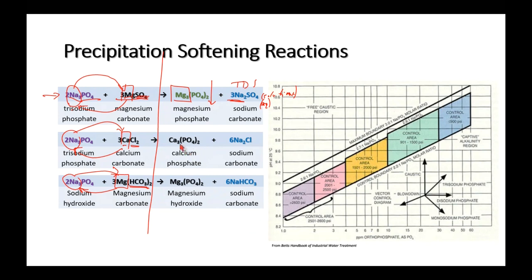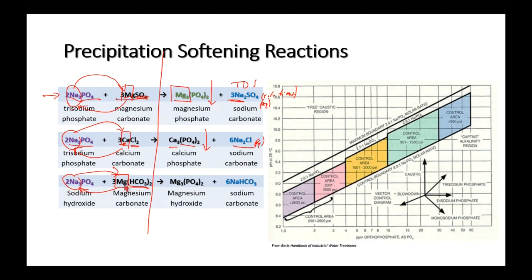We know how to deal with dissolved solids. So we have calcium chloride here and trisodium phosphate. We end up with calcium phosphate. Again, it's a precipitate. And we get sodium chloride, which we know we sprinkle on our French fries. Again, remains in solution, a non-scale forming compound.